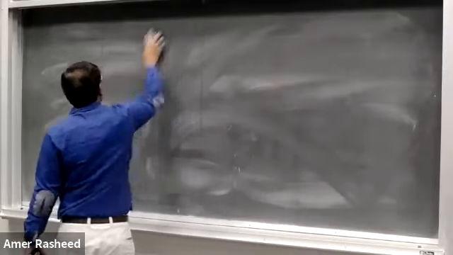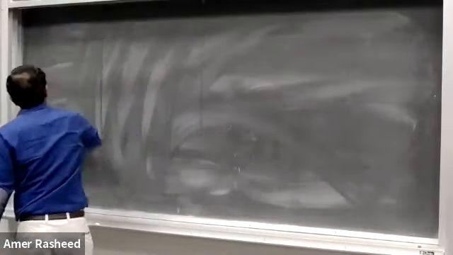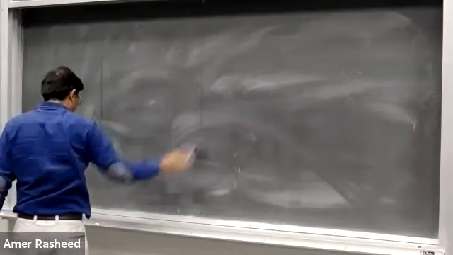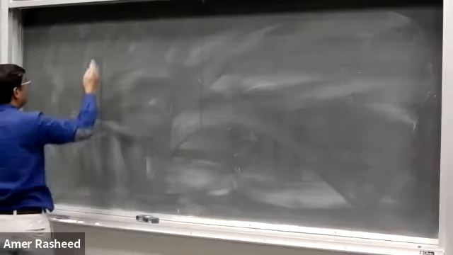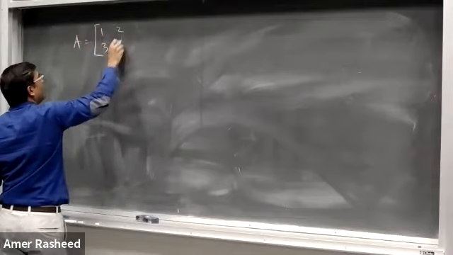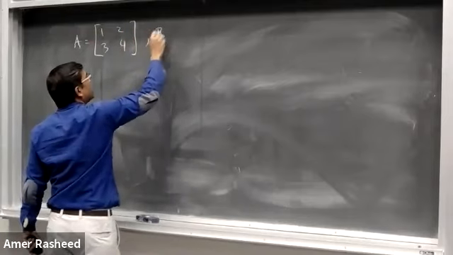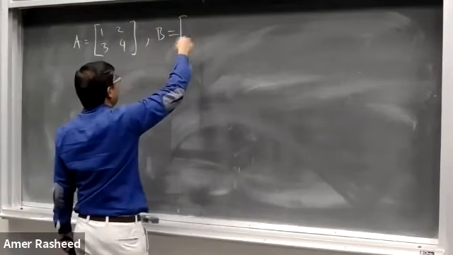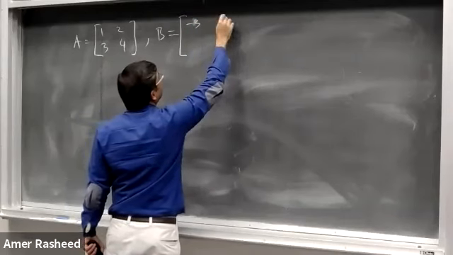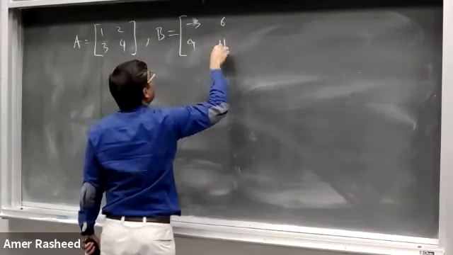Even if the multiplication is possible in the product. For example, if A is of order maybe 1, 2, 3, 4, and B is again a square matrix of the same order, maybe -3, 6, 9, 11.